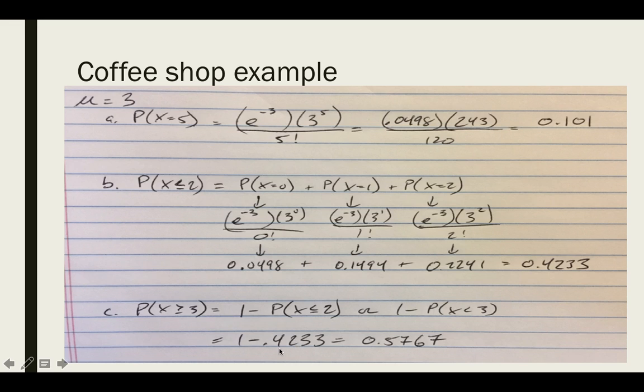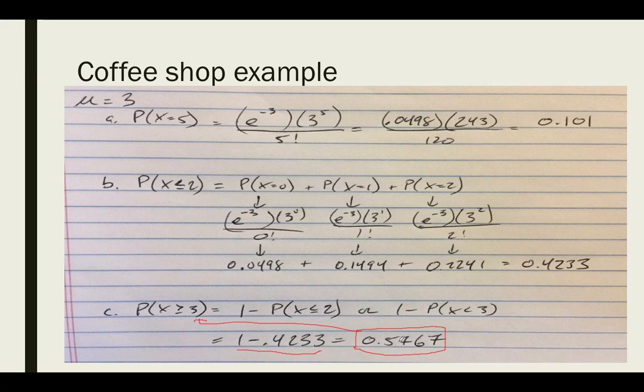So that's 1 minus that probability that we calculated, the 0.4233, which is equal to 0.5767. And that answers the probability of a person coming to the coffee shop at least 3 times: about 58% rounded, which is relatively high.